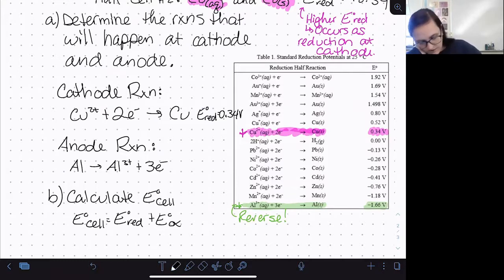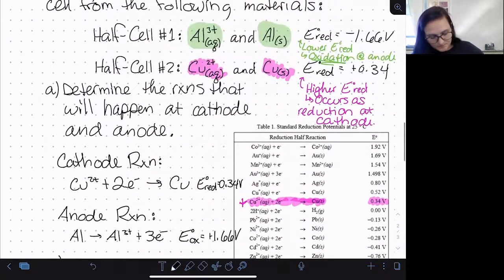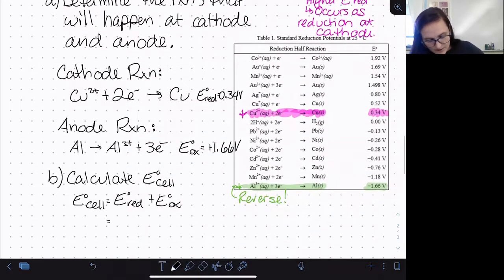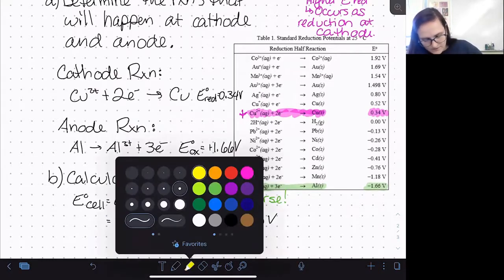So since we did the reaction in reverse, we changed the sign on the potential as well to get our oxidation potential. Since this one's reduction, the reaction is actually happening as an oxidation, so we're changing the sign. So our cell potential is going to be 0.34 volts plus 1.66 volts for a grand total of 2.00 volts.